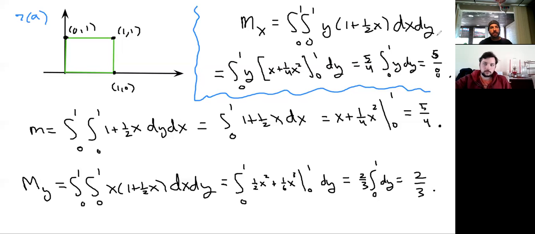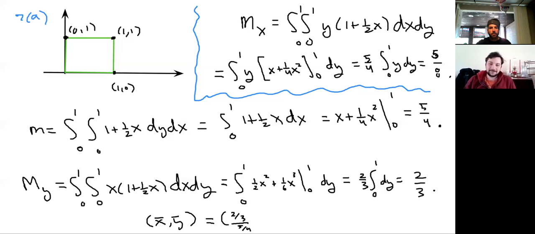Okay, so here's what's interesting: we can compute these things. So what do we remember? We divide both of these moments by the mass. That's the definition. So the answer is, the center of mass is, well, what is x bar? So x bar is m sub y over m. So that's 2/3 over 5/4. That's kind of sloppy.